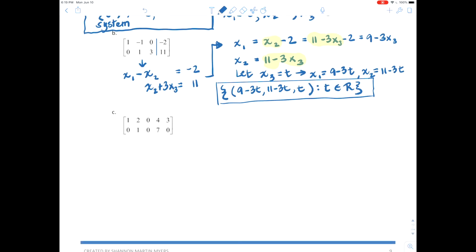Next up. Oh, and this, by the way, is a consistent system. It has infinitely many solutions, but it has dependent equations.